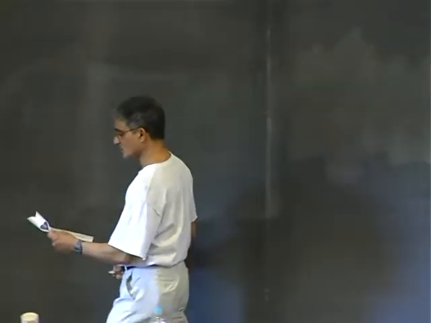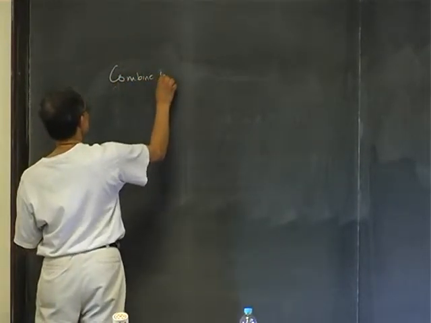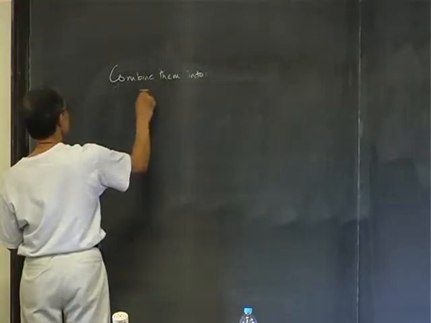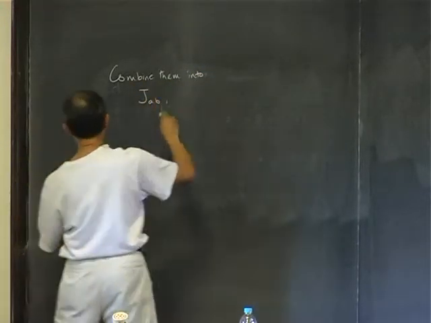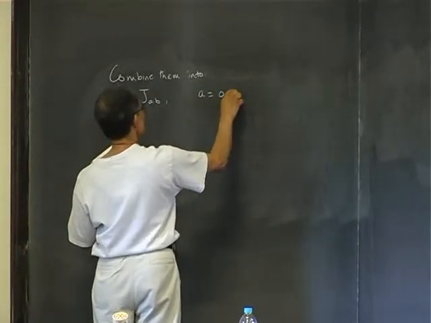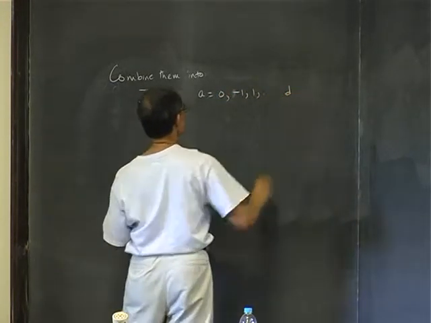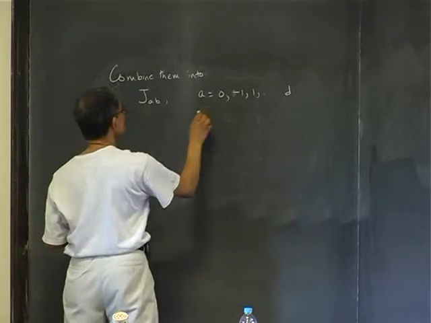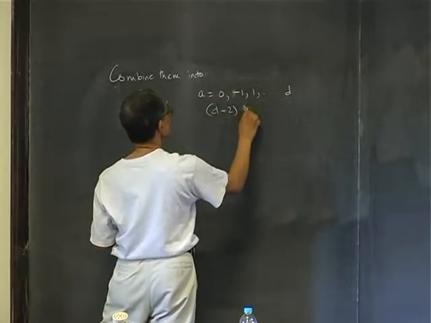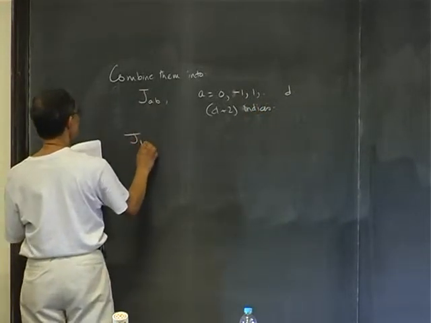So, combine them into a set of generators J_AB, where A runs from minus 1, 0 and 1 to D. So, there are D plus 2 of those indices, and they are defined as follows.